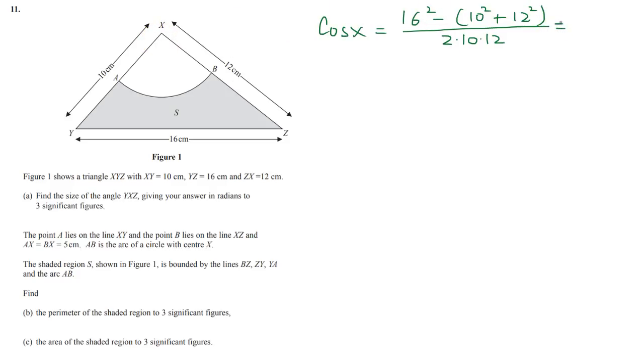So if you calculate, this is equal to minus 1 over 20. So x is equal to cos inverse minus 1 over 20. It should be in the radian. So that is 1.6208.